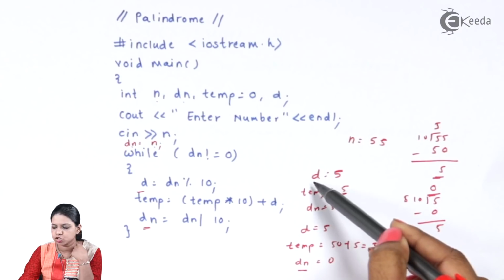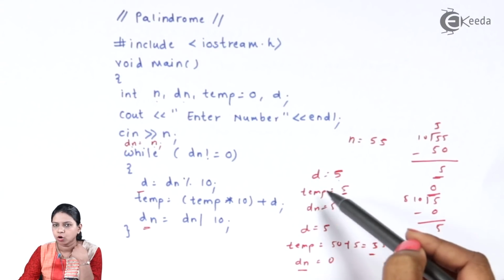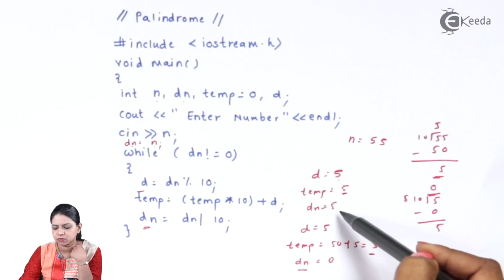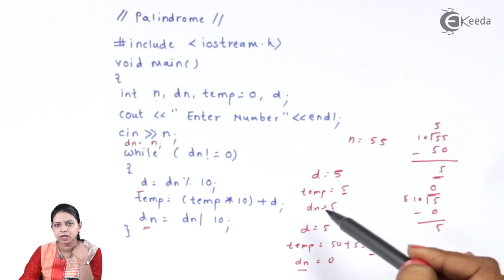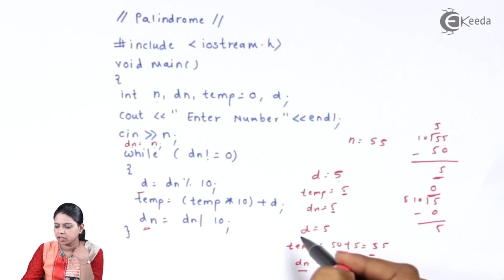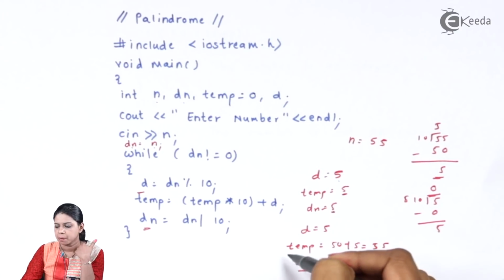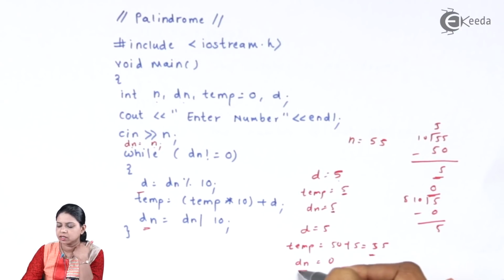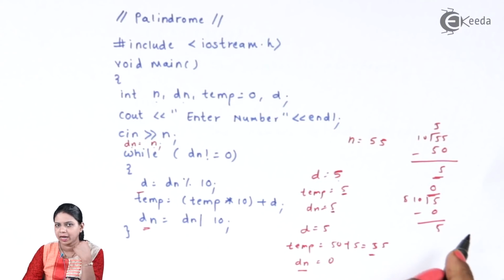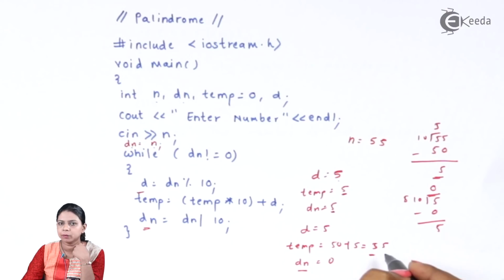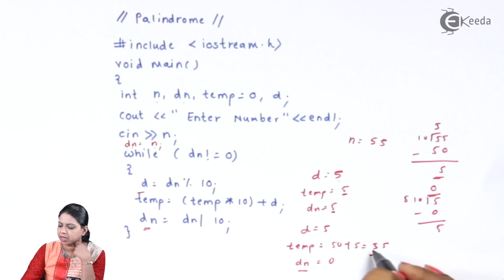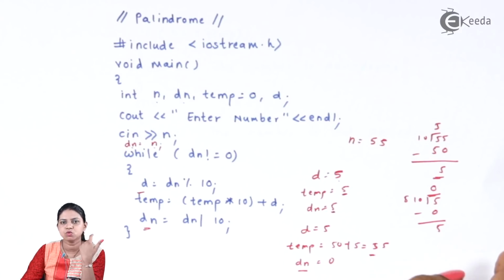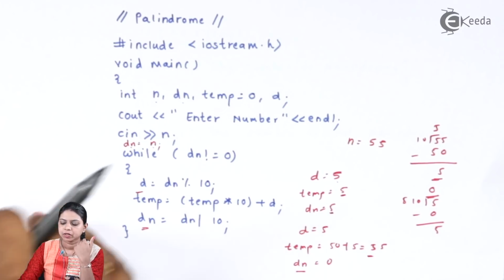So in the first iteration my d was 5, temp was 5 and dn was 5. Still my dn was not 0, so one more time I divided it by 10, and in the next iteration I got my d as 5, my temp as 55, and at this time my dn became 0. So once my dn became 0, I stopped and checked whether my n is equal to temp. Here my n was 55 and my temp is 55, so my number is palindrome.